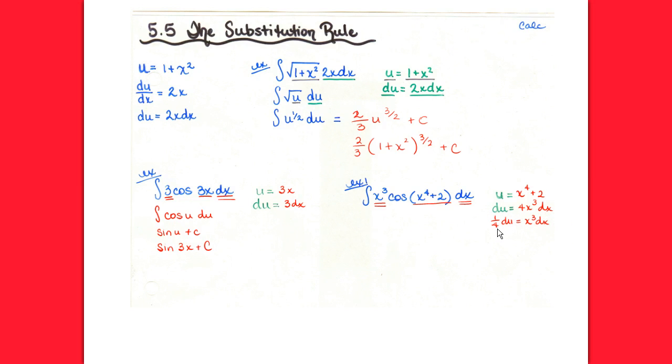So I can go through piece by piece. This is u, so that's going to be cosine u, so bring it down. What's left is x to the third dx, and we just found that x to the third dx was 1/4 du. So I'll replace the x to the third dx with the 1/4 du.